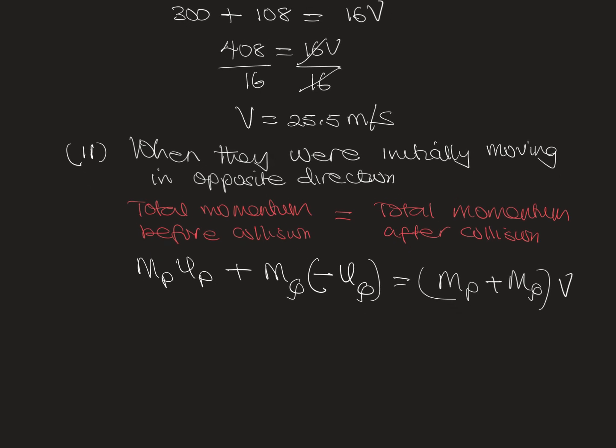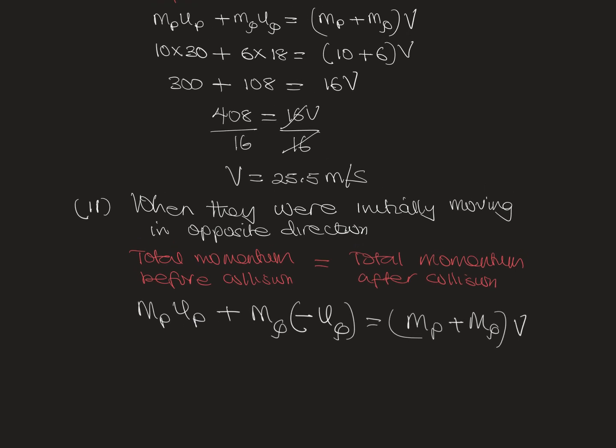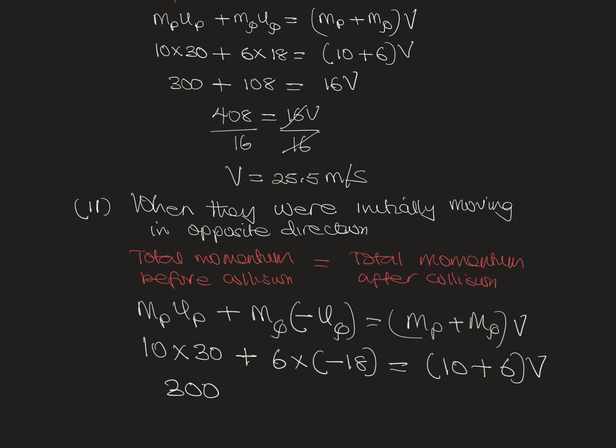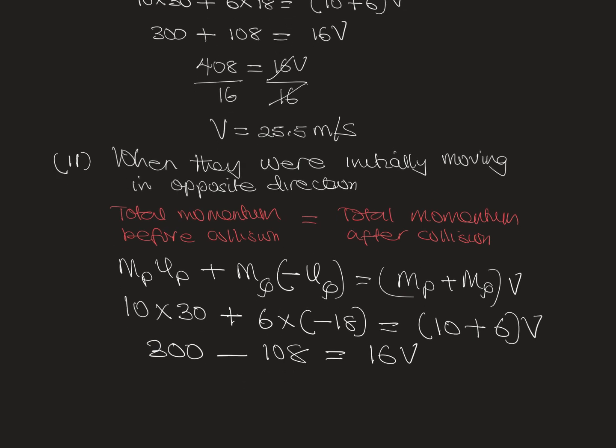So what we're going to have here is the mass of P, which is 10, multiplied by the initial velocity, 30, plus the mass of Q, 6, multiplied by negative 18. This equals 10 plus 6, all times V. So we're going to have 300 minus, because positive times negative will be negative, 6 times 18 will be 108, equals 16V.